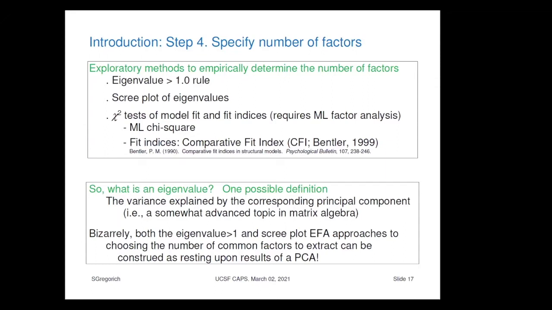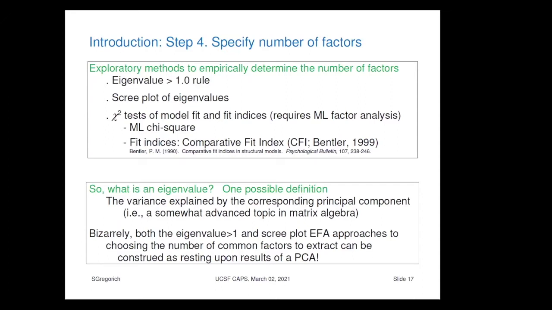I don't know if people know what an eigenvalue is, and there are different ways to describe it. Eigenvalues and eigenvectors are just pretty basic matrix algebra tools. But one way to think about an eigenvalue is that it's the variance explained by a principal component.